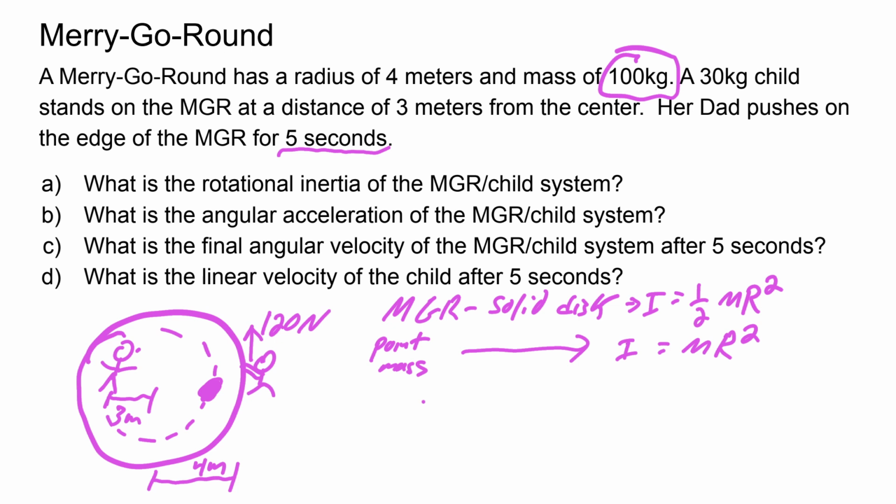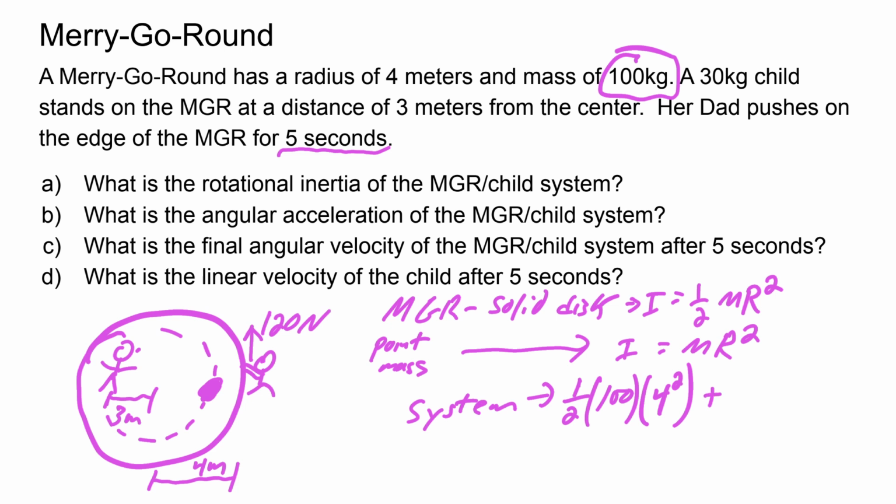So when we're looking for the system, the combination of the child and merry-go-round, we're just going to find those two and add them up. So the I for the system is going to be 1/2, let's do the merry-go-round first, a mass of 100, a radius of 4 squared meters, and then the child.